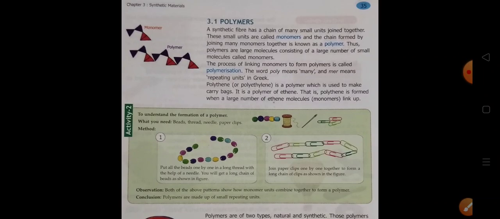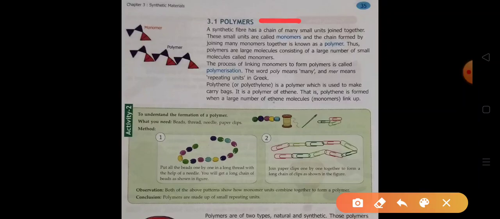Polymers are the chain. Synthetic fiber is what? It is a chain of many small units joined together. As you can see in the diagram over here, this is a single unit. We call it a monomer. A single unit is called a monomer, and when many monomers are joined together, they form a polymer.